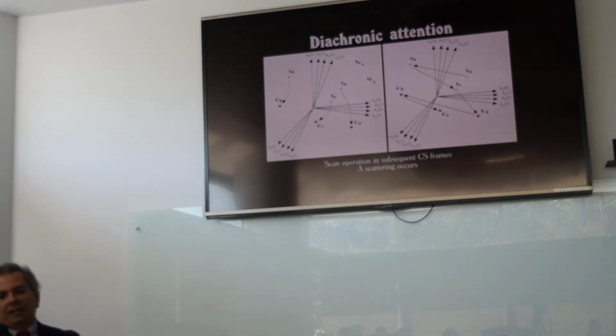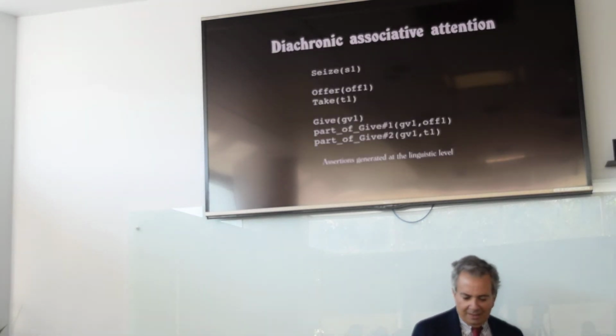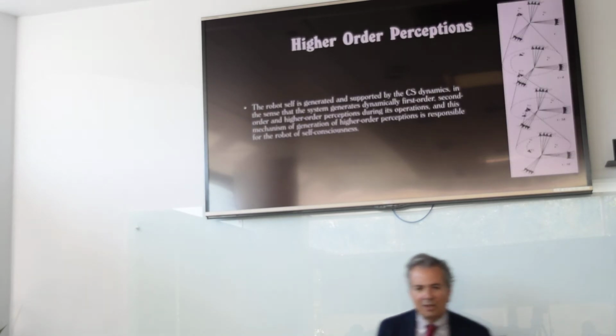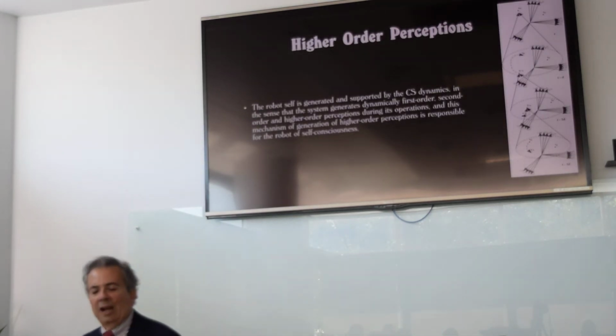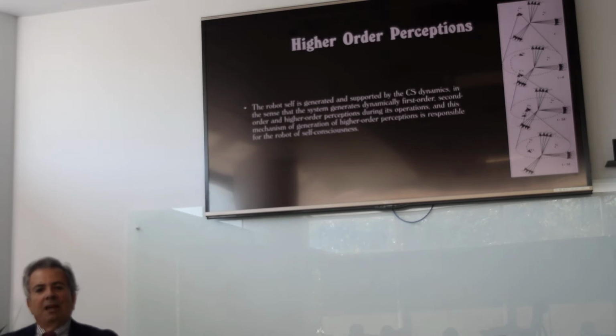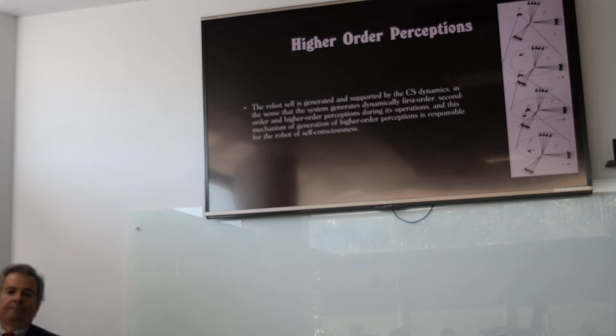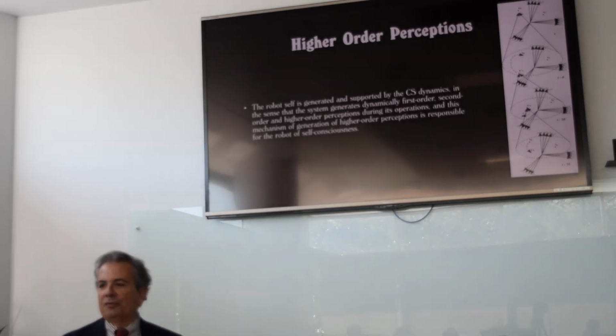So the robot can look at its own history and reason about it. You can read this picture even in terms of episodic memory. I look at myself one second before, so I have a kind of episodic memory of my story, and then I can analyze it. So I failed because at some point I had to pick up an object, or I got the wrong object, or something like this.